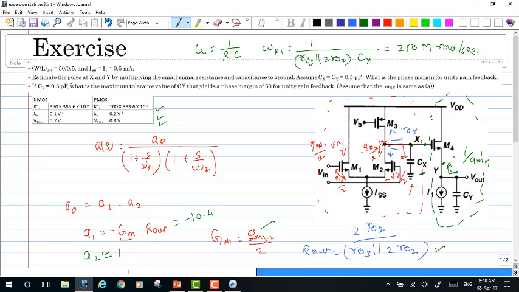So the pole that is created across the node Y could be written as omega P2, that is equal to GM4 divided by Cy. Now this would end up having a value of 7.3 giga radians per second, okay? And that is the pole frequency created by the capacitance Cy here.